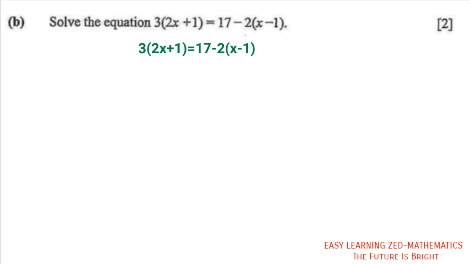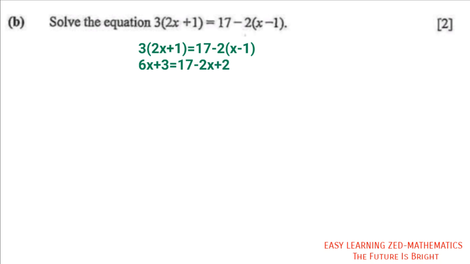So to get rid of the brackets, we multiply 3 by 2x, which gives us 6x. 3 by negative 1 gives us negative 3, which will be equal to 17. Then we multiply negative 2 by x, which gives us negative 2x. Then negative 2 by negative 1 gives us positive 2.